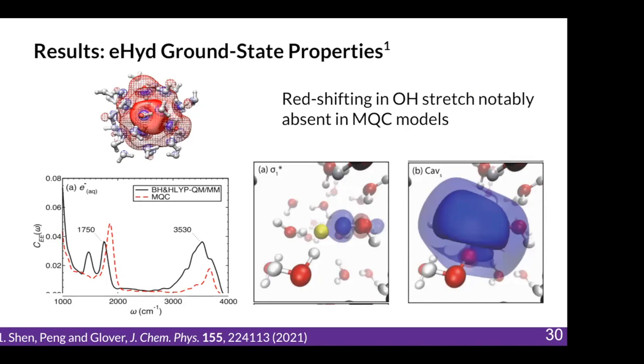When we have an explicit account of many-electron interactions, there's a redshifting in the OH stretch in the Fourier transform of the band gap correlation function for the hydrated electron. This OH stretch speaks to an overlap of the hydrated electron's cavity-type S-like orbital with the antibonding orbitals of the nearby water environment, weakening the OH stretch for those particular antibonding orbitals that it has overlapped with.